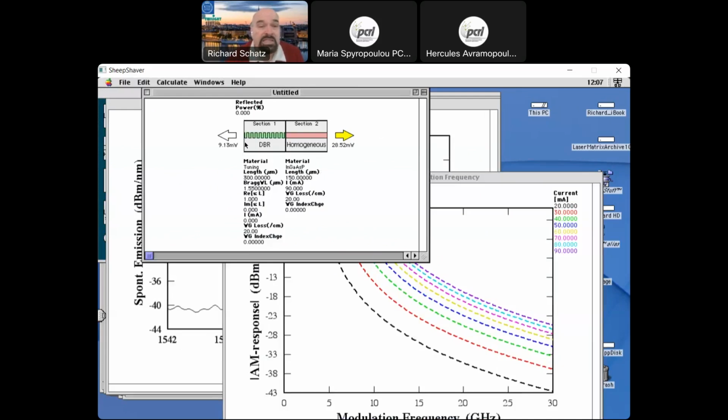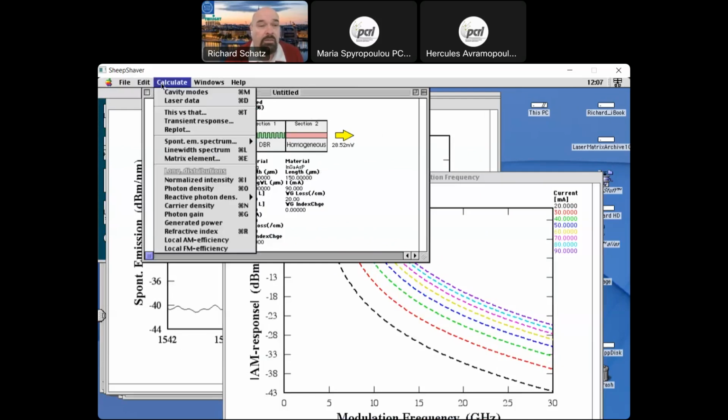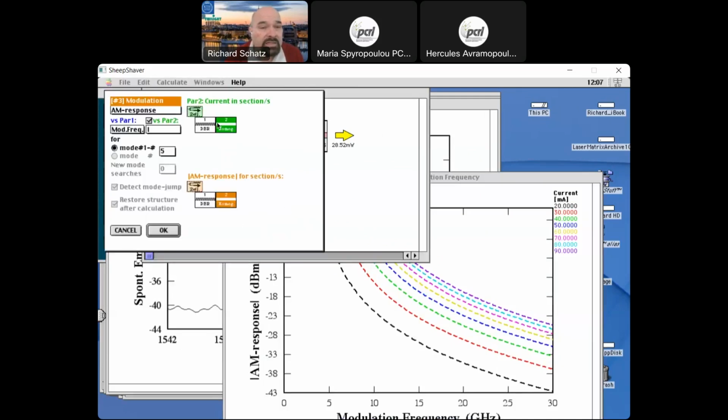Well, this laser, a DBR laser, has a benefit. You can also tune the current in the passive section. In that way, you can tune the wavelength. And I will show first how the wavelength is tuned in this laser by injecting current in the Bragg section. So I inject current here, and I plot the wavelength.